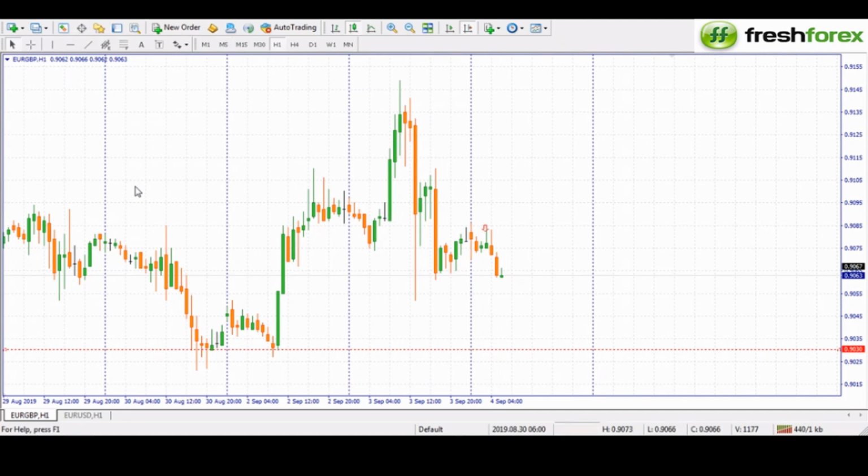It opened here, went down, then came back up to this level, retraced down, but ended up closing here. If somebody asks you what the range for yesterday is, this is what happened. This is the highest high for yesterday, and this is the lowest low.